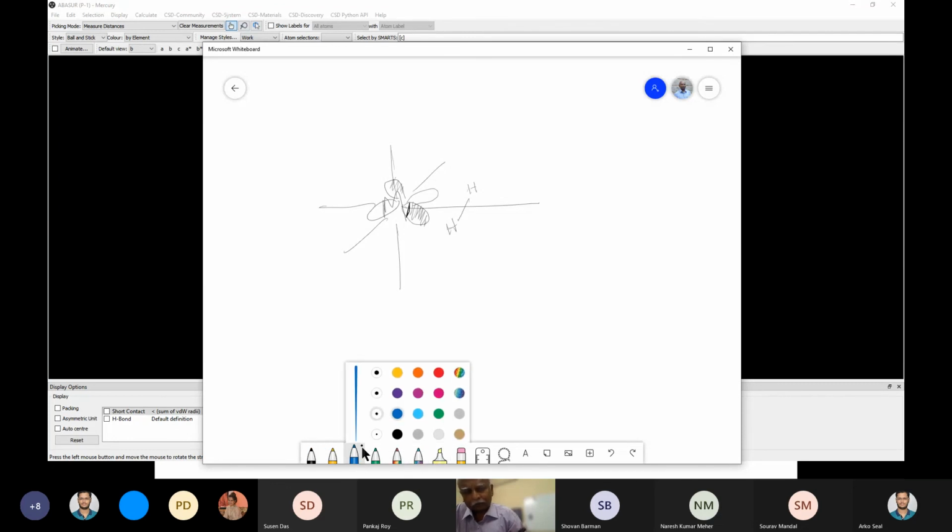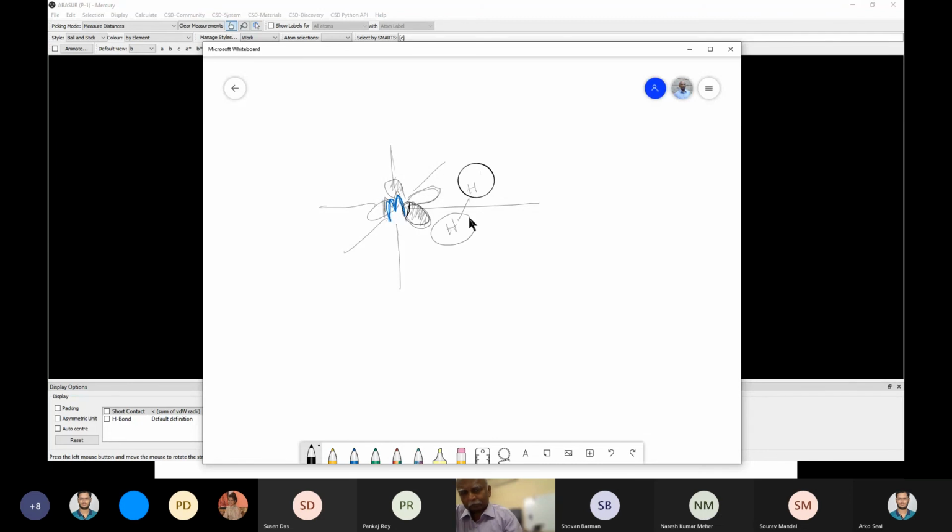This is your metal. Those are the orbitals, right? So this is your sigma star. So it's got the right symmetry for interacting with the sigma star. This is a filled orbital on the metal.